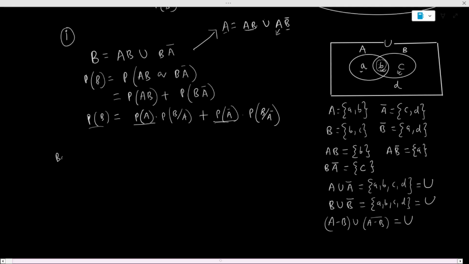Now let us write the Bayes formula for this condition that we have already seen in our previous section.